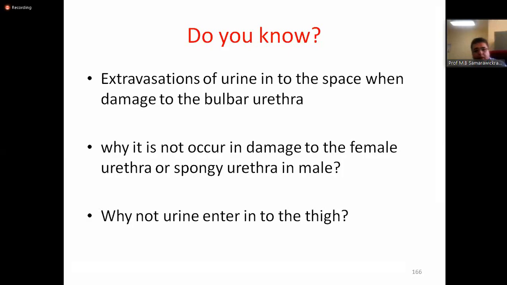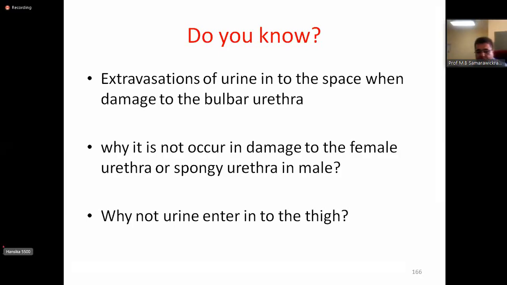So do you know extravasation of urine to the space between damage to the bulbar urethra? Extravasation of urine occurs into the superficial perineal space when there is damage to the bulbar urethra. And why does it not occur in damage to the female urethra or spongy urethra?